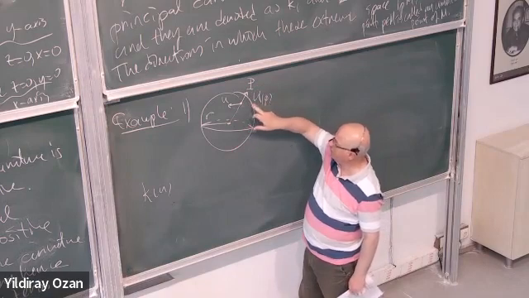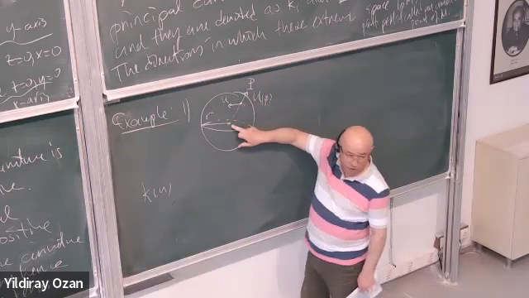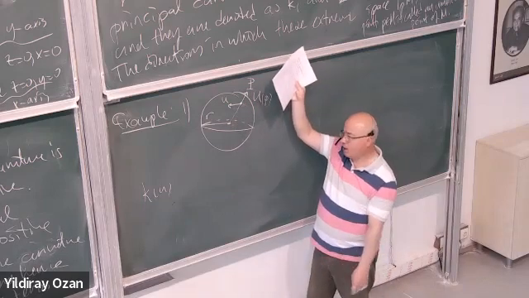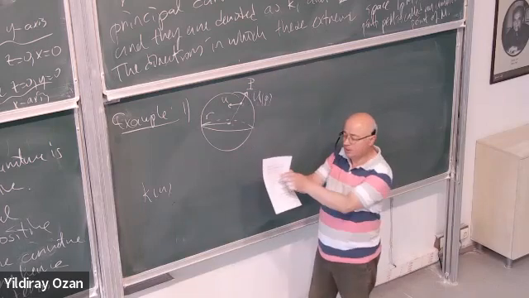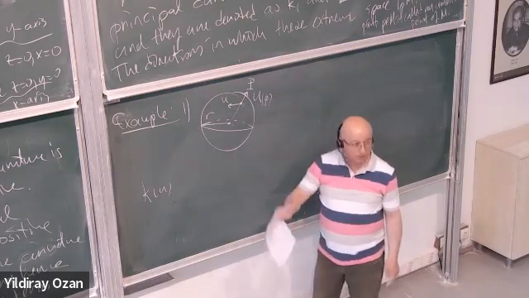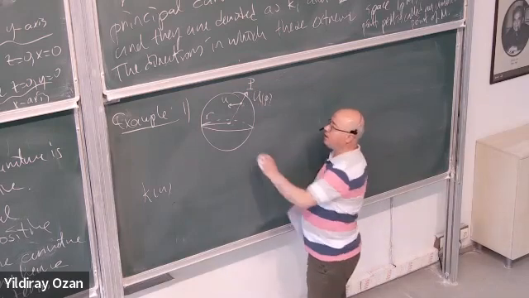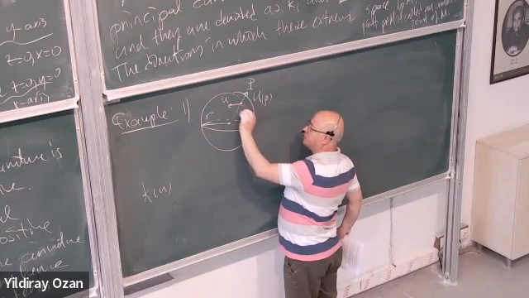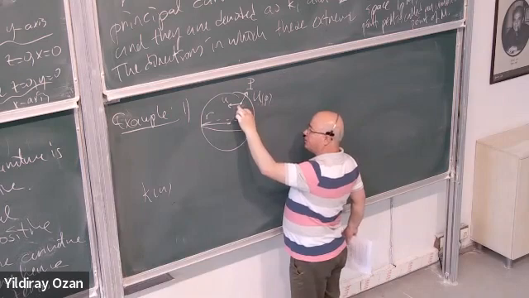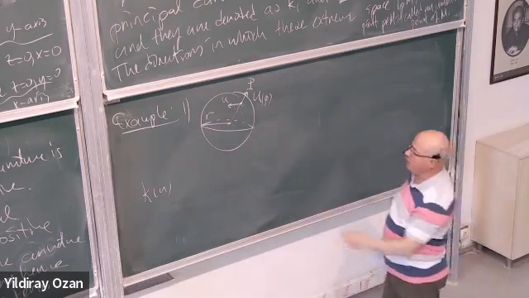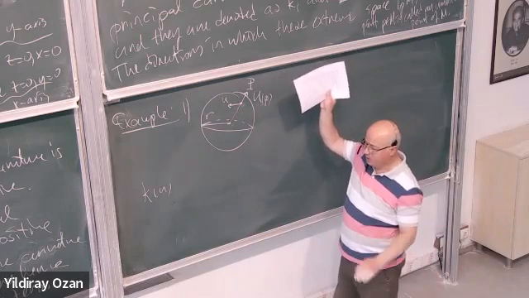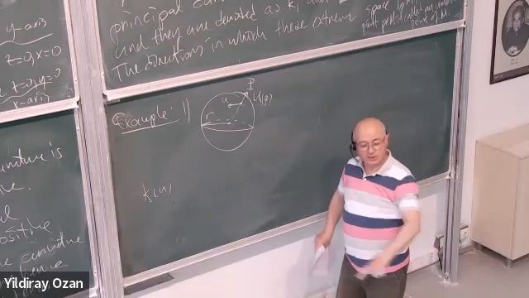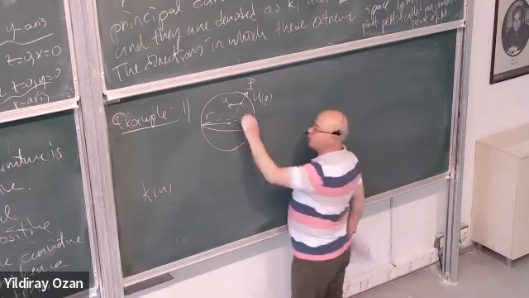That vector is the vector joining this point to the origin, right? So I am just cutting the sphere with a plane so that the plane contains the center of the sphere, and this is the curve of intersection. So what is that curve? If you cut the sphere with a plane going through the center, then the intersection is a great circle, right? So this is a circle.